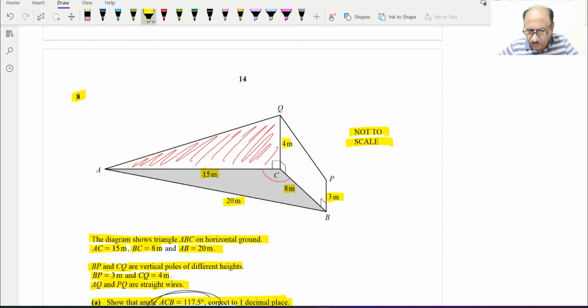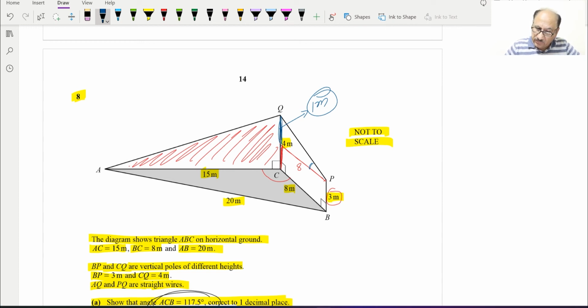So if we draw a triangle, some construction we'll be doing like this one, and this is 8, and this is 3 meters. So this height will be 3 meters, and this upper height will be 1 meter. If I change color so that you can identify, this will be 1 meter.